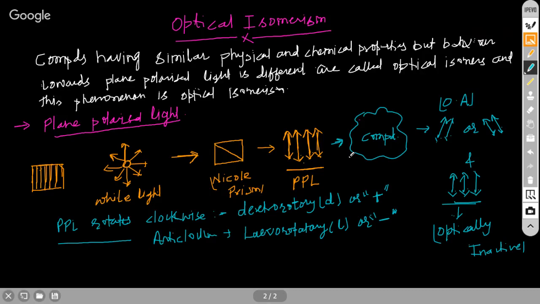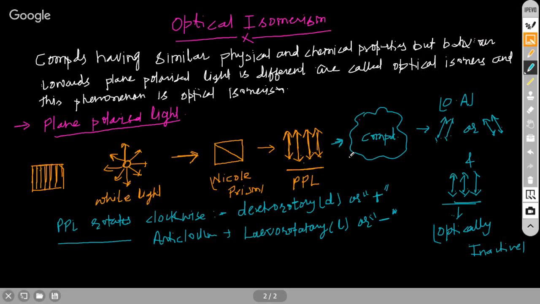Then what do you have to do? Till now, we haven't seen any theoretical method to understand whether a given compound is optically active or not. You have to perform this experiment and observe the deflection in PPL. If deflection is there, then it is optically active, otherwise inactive.